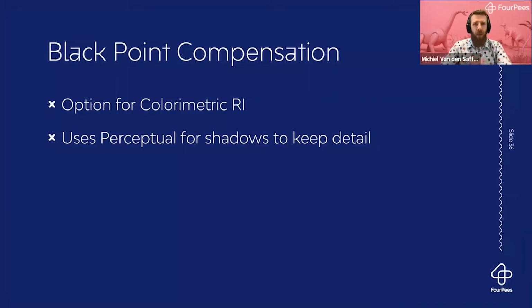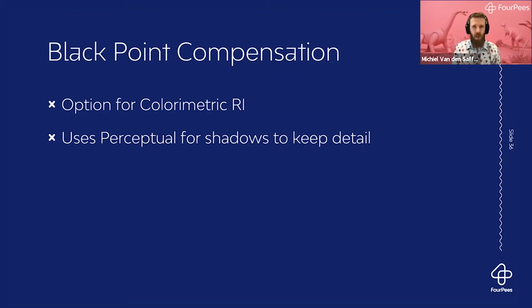Now, we have one thing that we haven't mentioned yet. When looking at your conversion options in pretty much any application that offers conversion options, you'll see black point compensation as an option for the relative colorimetric rendering intent. I think Photoshop offers the option for perceptual, though it doesn't make a lot of sense there.